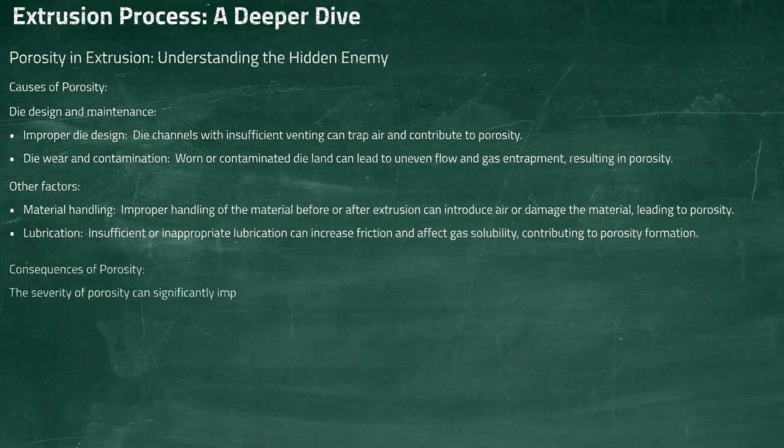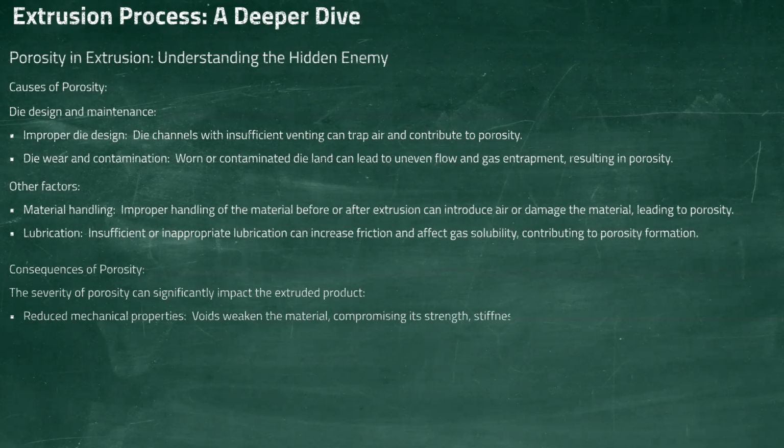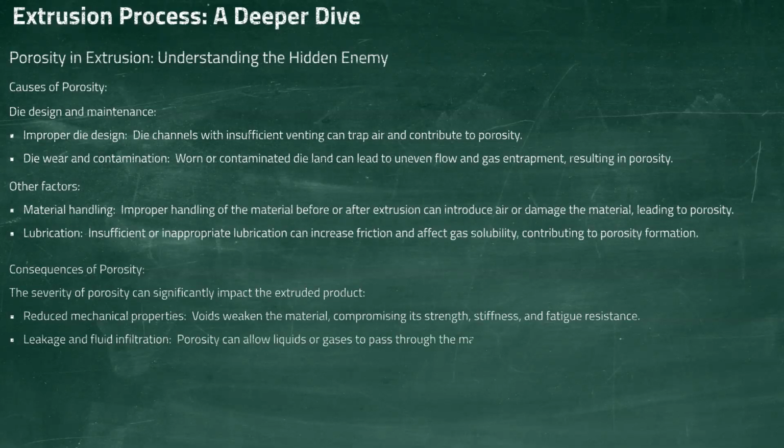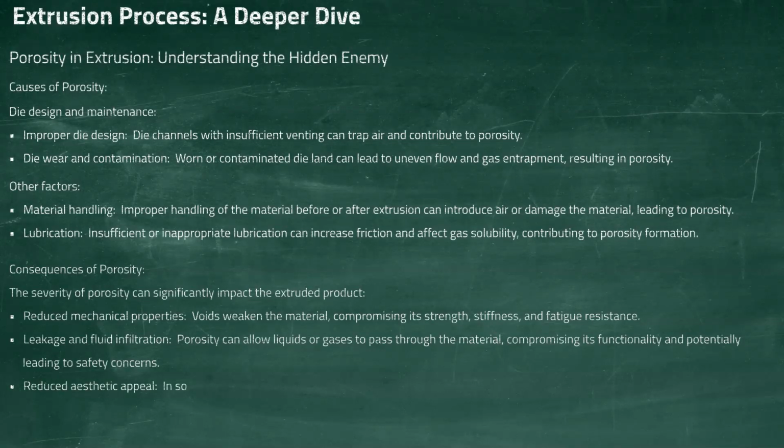Consequences of porosity. The severity of porosity can significantly impact the extruded product. Reduced mechanical properties: voids weaken the material, compromising its strength, stiffness, and fatigue resistance. Leakage and fluid infiltration: porosity can allow liquids or gases to pass through the material, compromising its functionality and potentially leading to safety concerns.